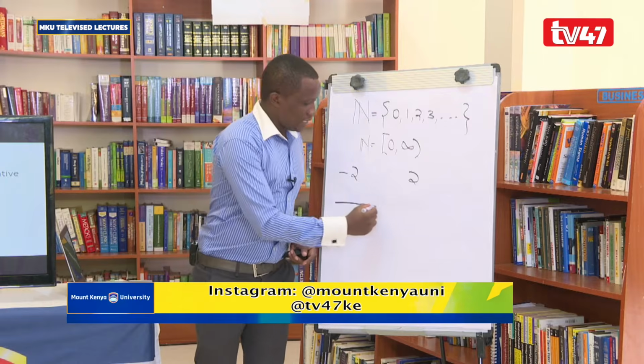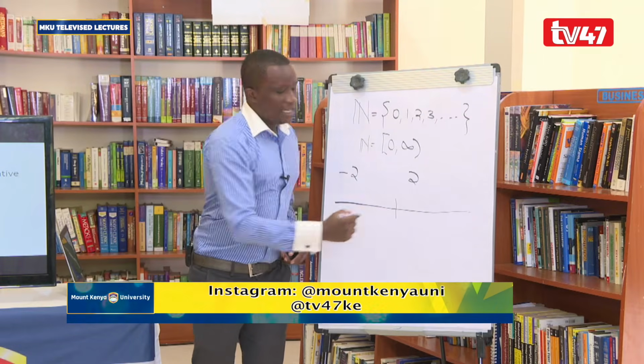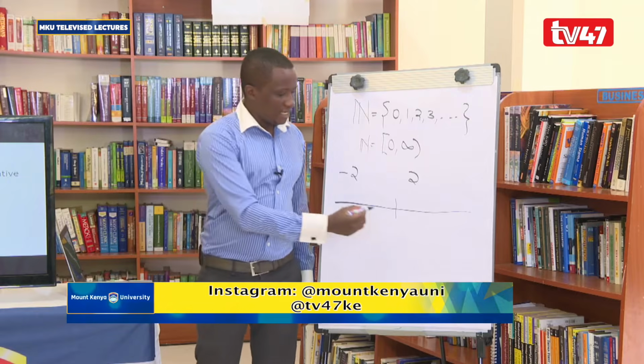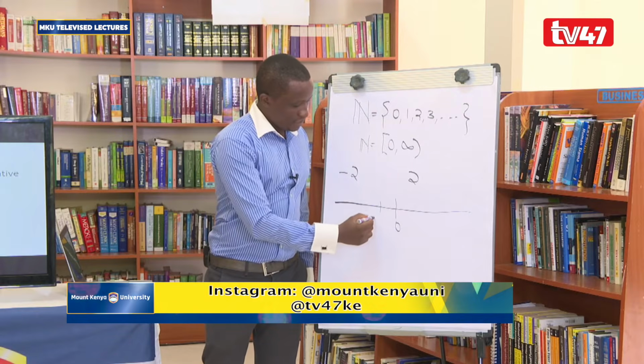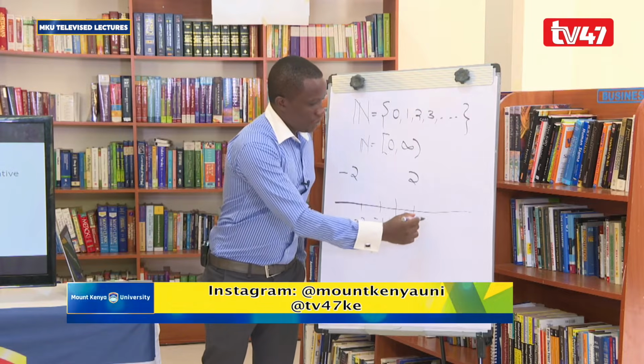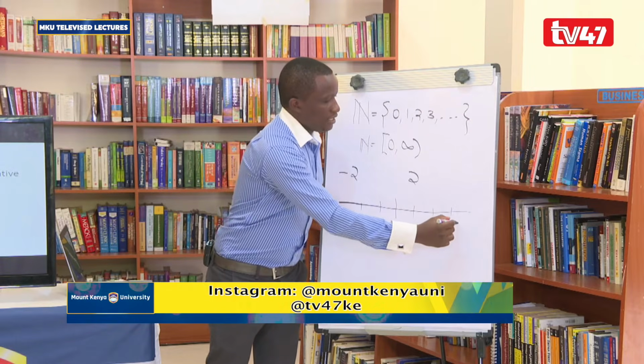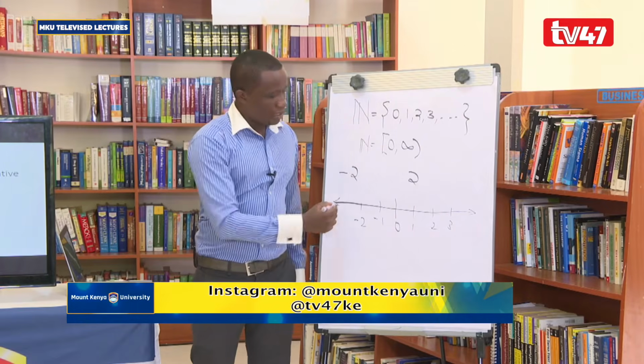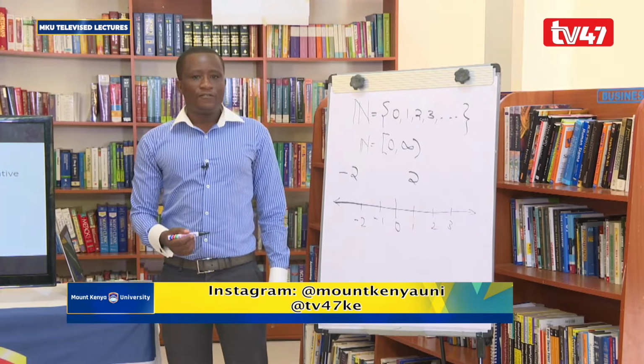Actually, the integer number system can be represented in the number line such that this is 0, -1, -2, and so on, and then this is 1, 2, 3, and so on, all the way to, but not including infinity.